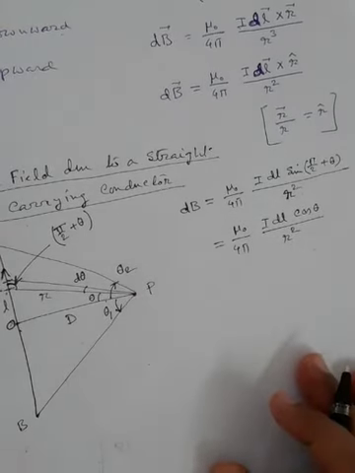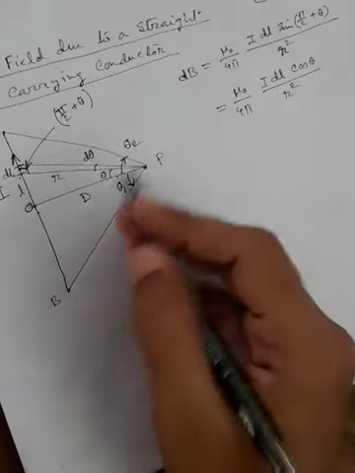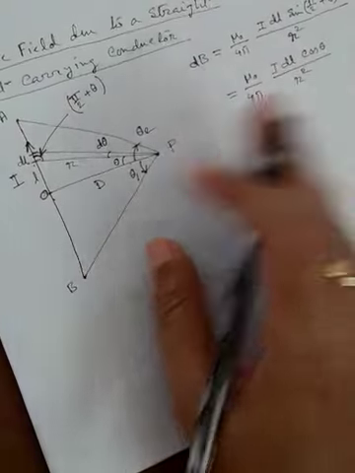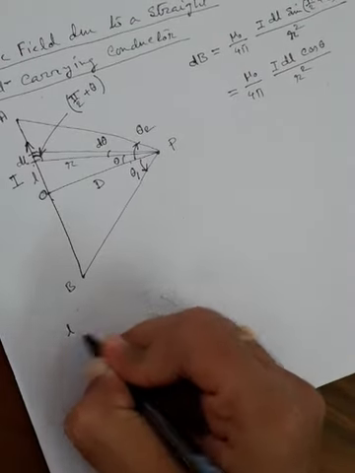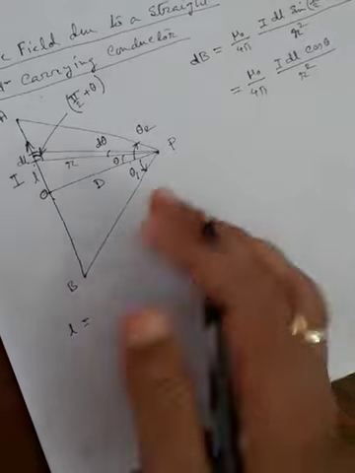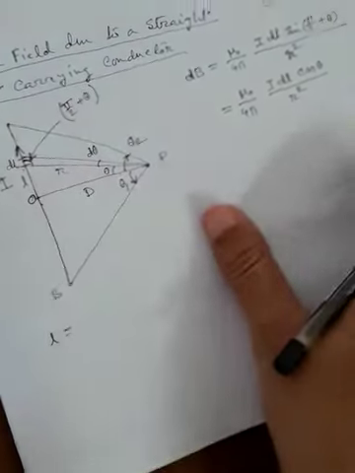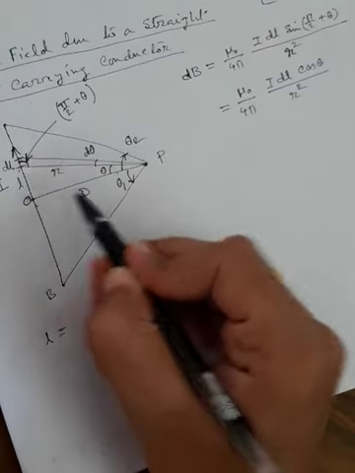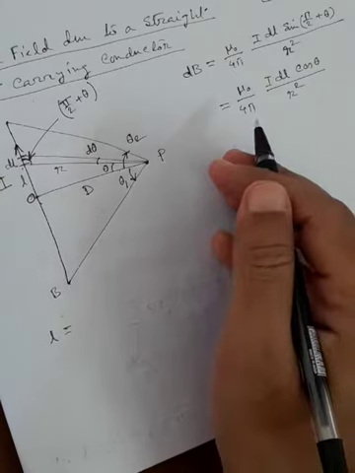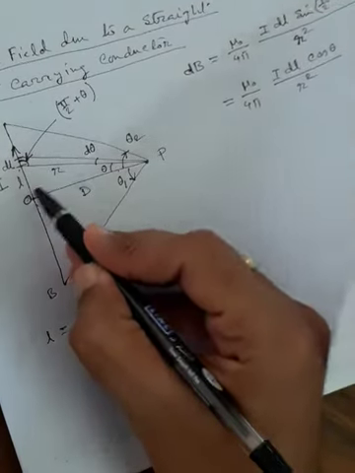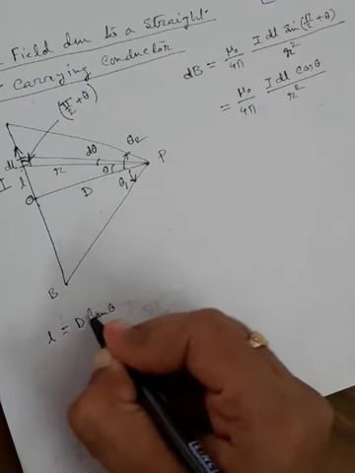Now we need some simplification. What is the value of r in terms of this distance d? Look at the figure. This L by d is tan theta, so L is equal to d tan theta.